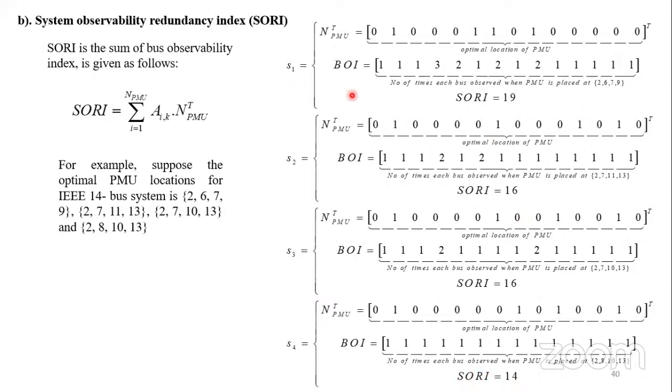We have 4 sets of solutions, and the maximum SORI is obtained with set number 1, that is solution 2679. So set 1 has the higher SORI value, which means it is the optimal solution. Higher the SORI value, the more optimal that set of solutions is. This is the important part of the SORI value.